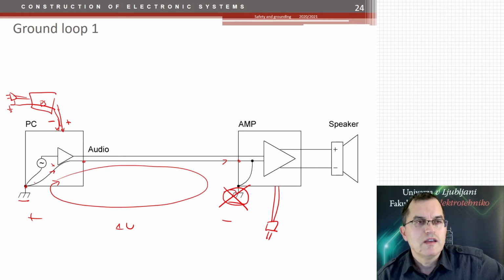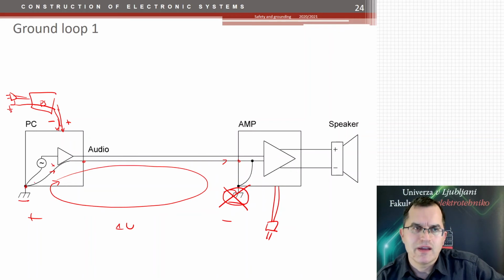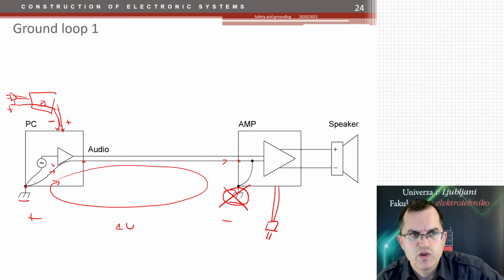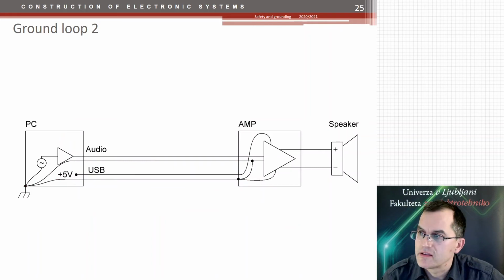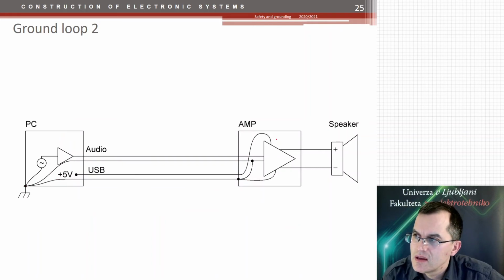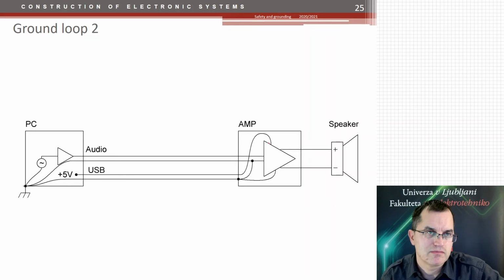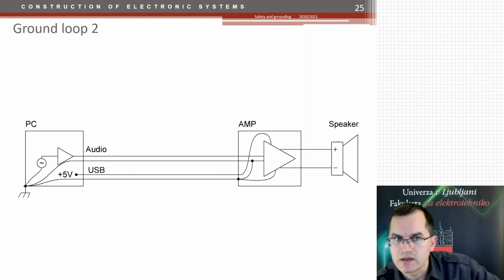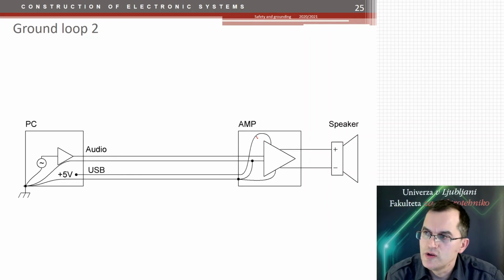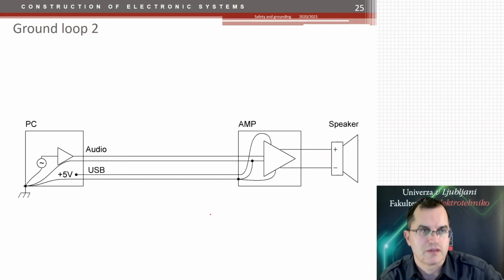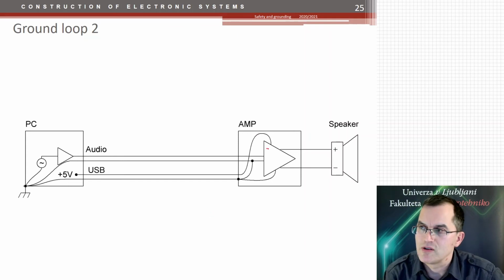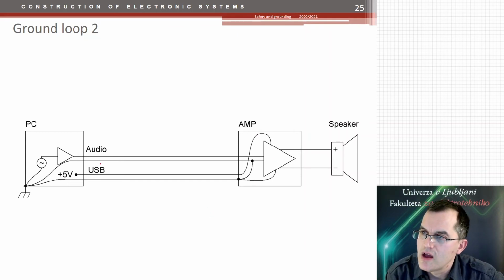What about if you have a USB connected power amplifier like that? So it's an amplifier, such as a speaker with a USB charging port, for example. Can you imagine? You have a charging port, you have a USB charging cable here, and you have an audio output.